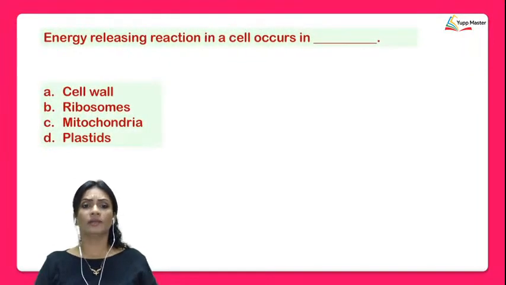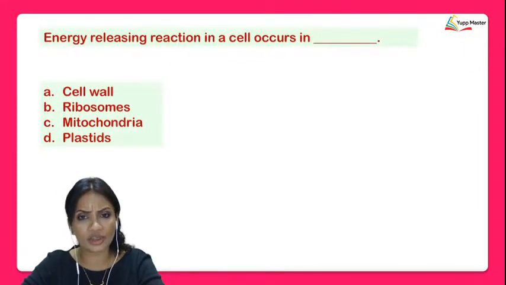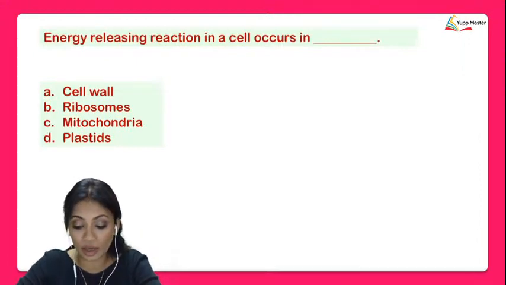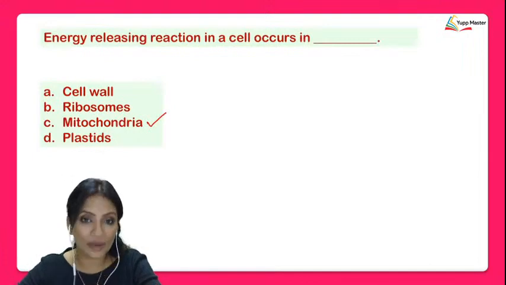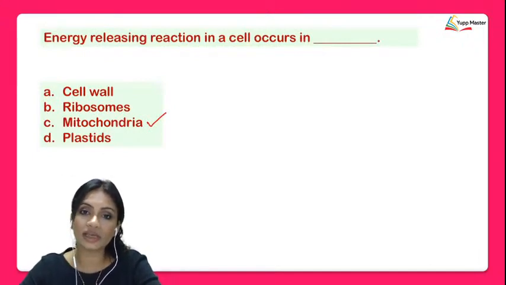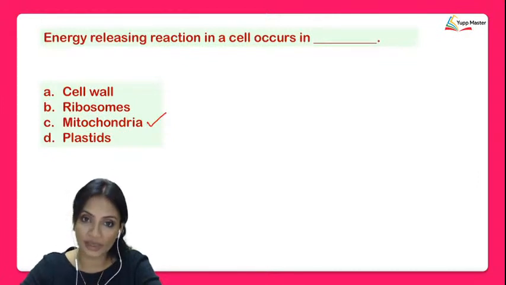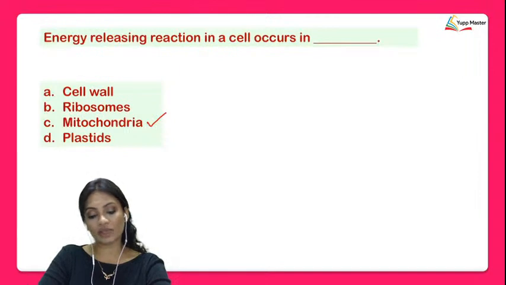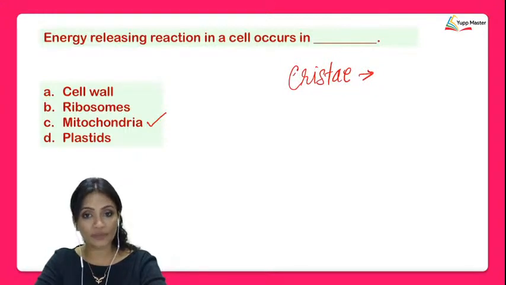Next, energy releasing reaction in a cell. Where is energy generated? In the mitochondria. Now I want you to tell me what was the name of the infoldings of the inner membrane? What did we call it? Didn't we call those infoldings cristae? And what did the cristae have on top of them?